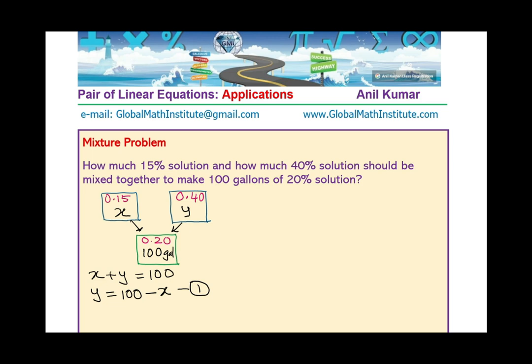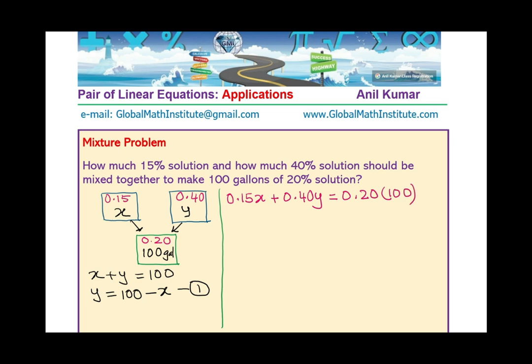So we get one of our equations relating y with x, which is 100 minus x. Now the second equation we are going to get with the help of the percent required concentration of the solution. So when I say 15% of x mixed with 40% of y to give 20% of 100 gallons of the result, we could form an equation as 0.15x plus 0.40y will give us 0.20 of 100.